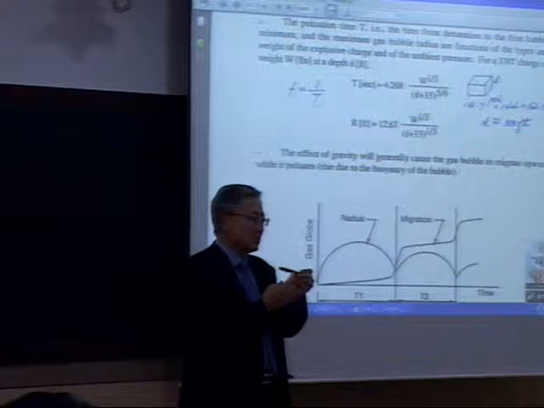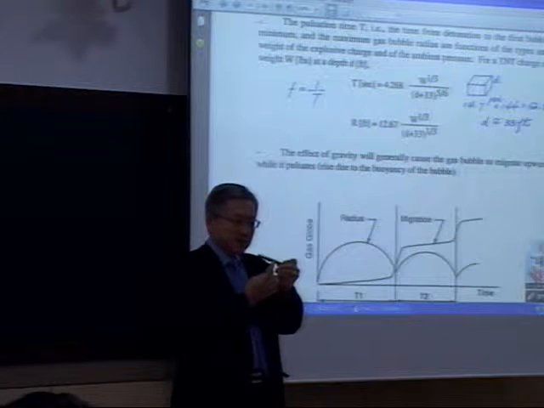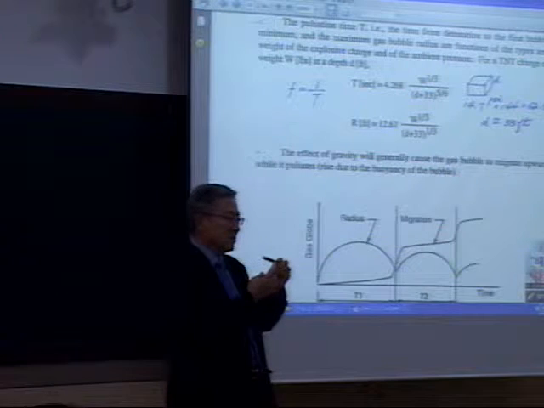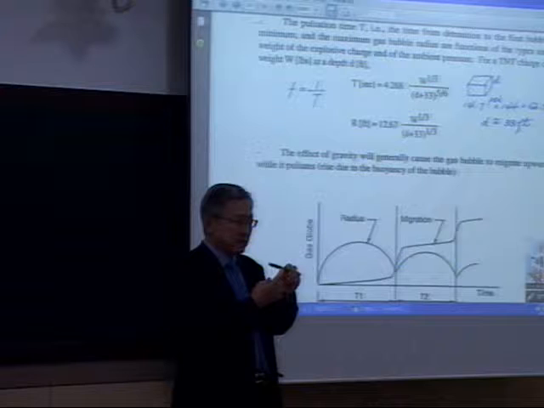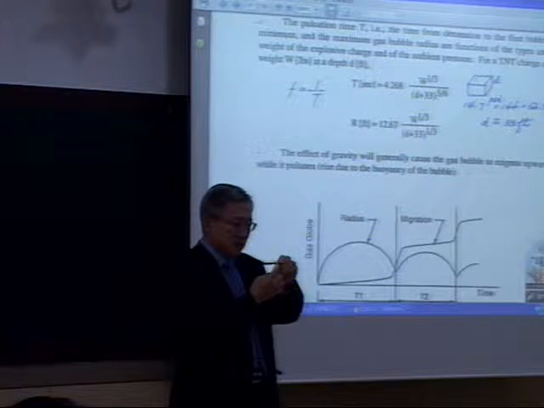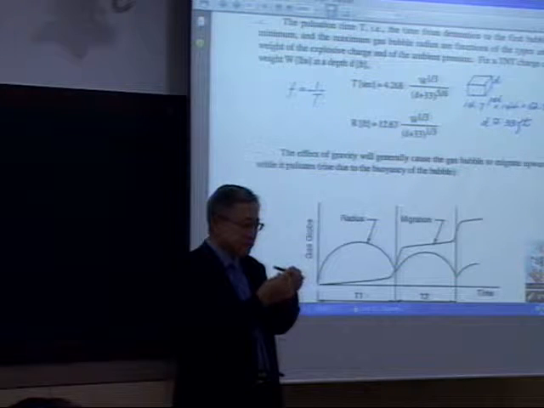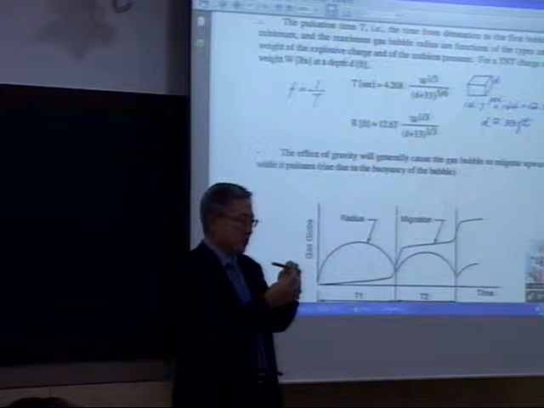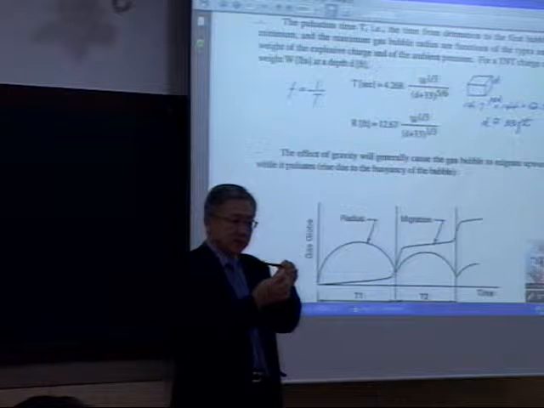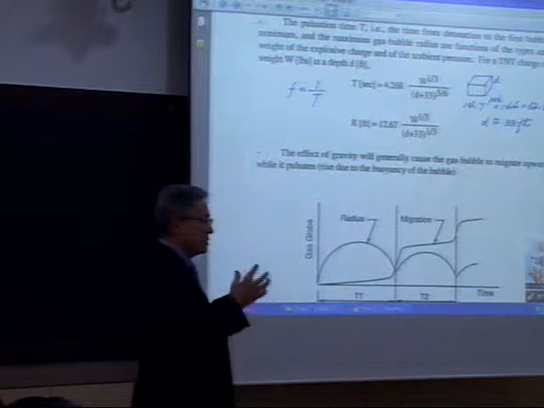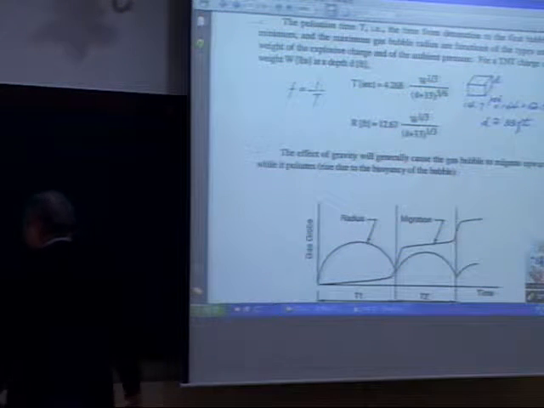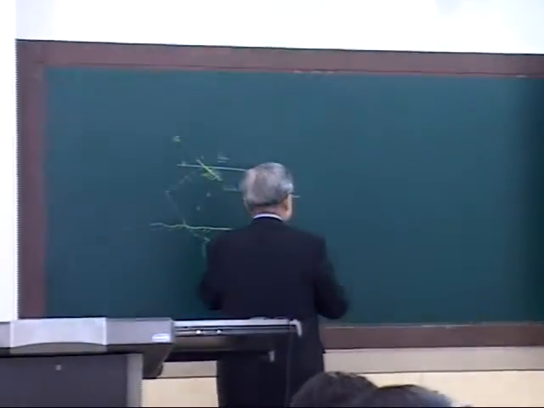You can't stop it when an explosion occurs very next to the target. It will blow. So we study what happens when the explosion occurs in the range of about 10 to 100 radii of the charge.